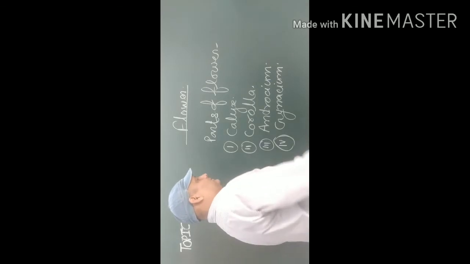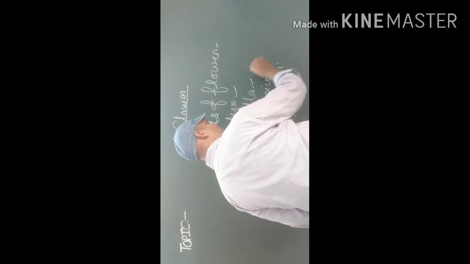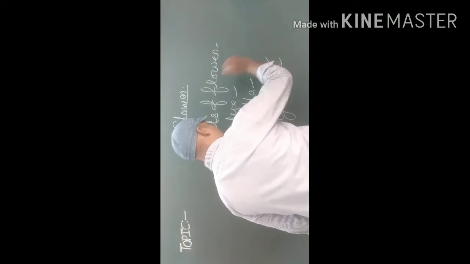These are the main parts of flowers: calyx, corolla, androecium, gynoecium.